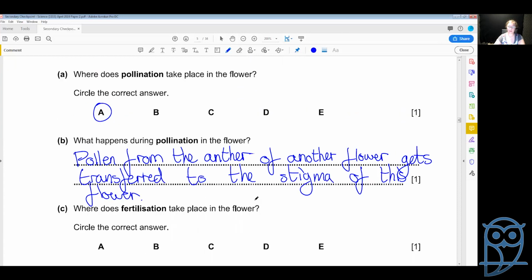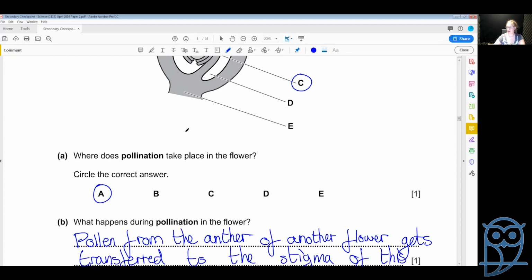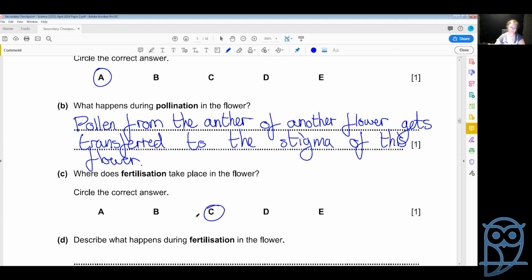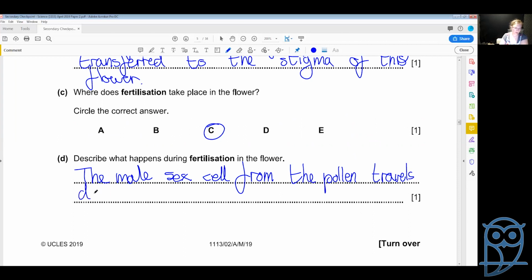Okay, where does fertilization take place? That would be over here in number C, which is inside the ovary. Describe what happens during fertilization in the flower. So the male sex cell from the pollen travels down the style to the ovary.